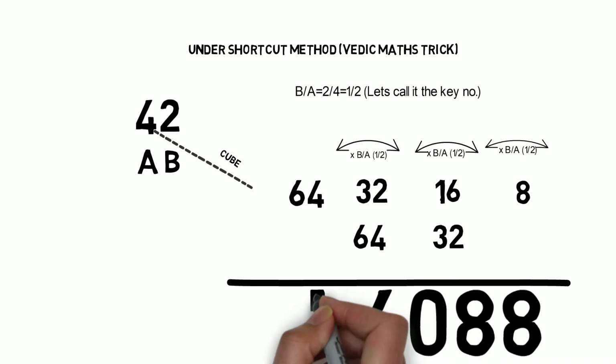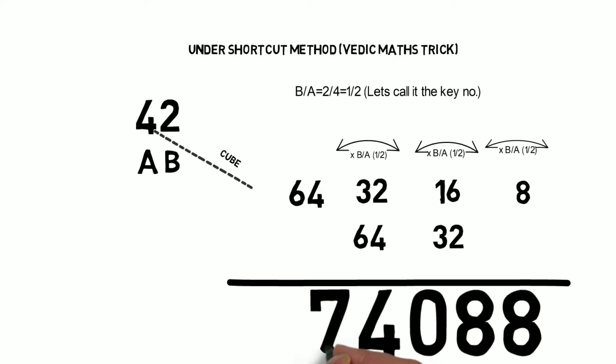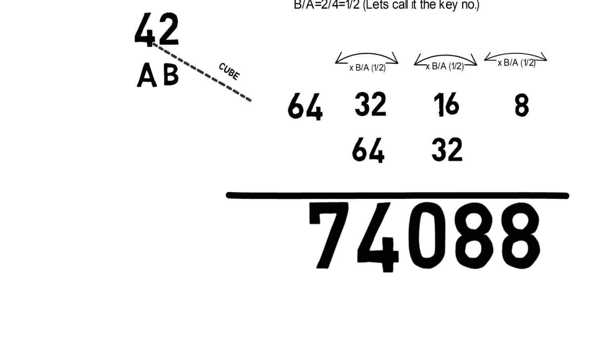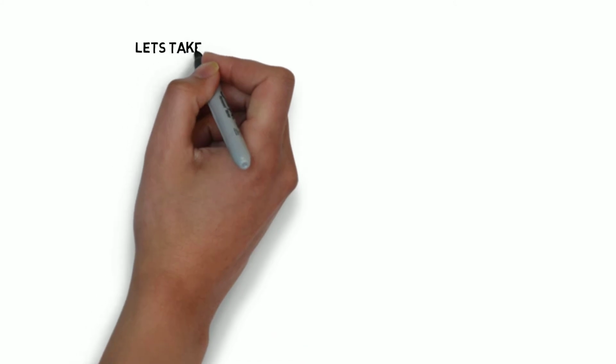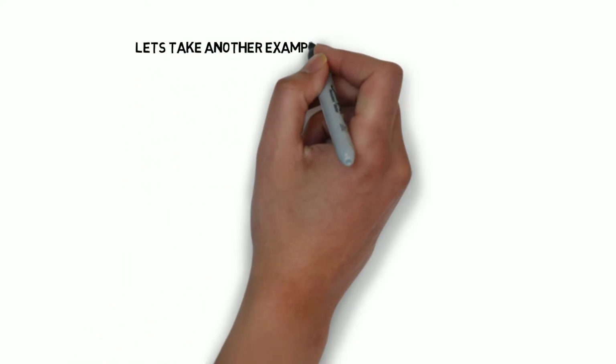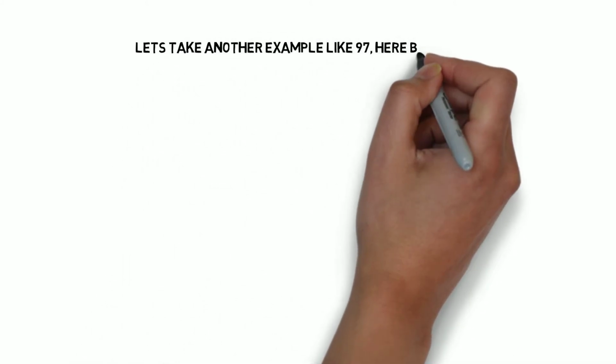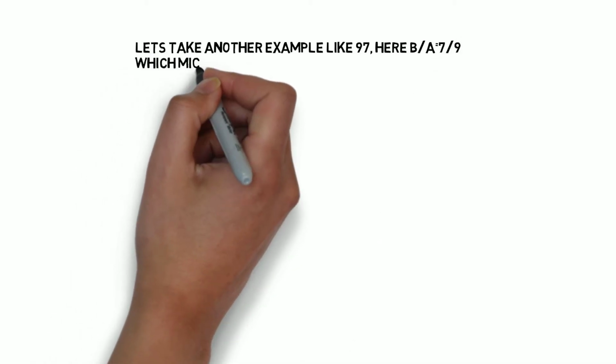Adding the carried over 4, we get 100. Bringing down 0 and carrying over 10, we add 10 to 64 to reach the solution 74088.